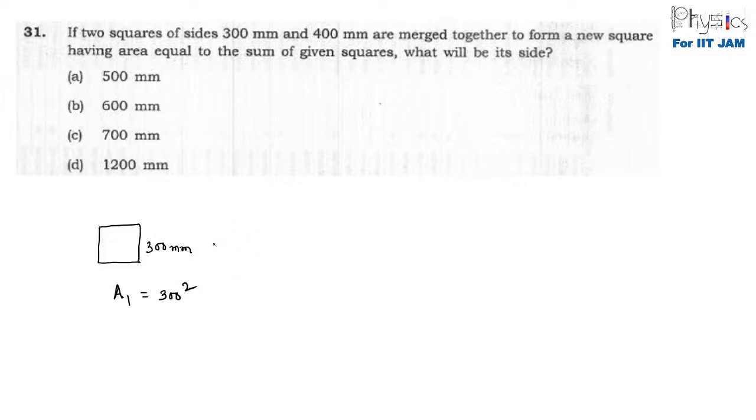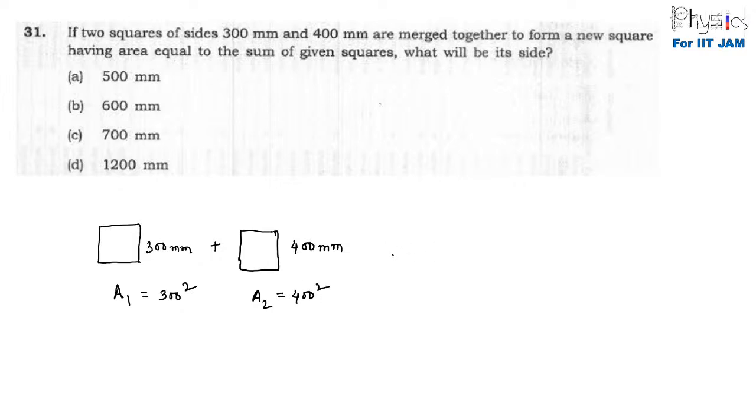Now it is merged with another square of side 400 millimeter. So let's say its area is A2. So A2 is 400 square.